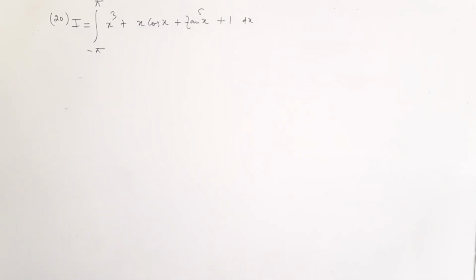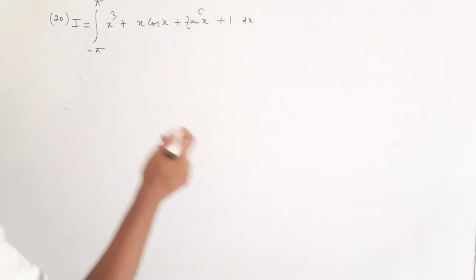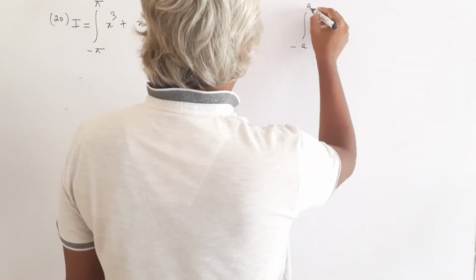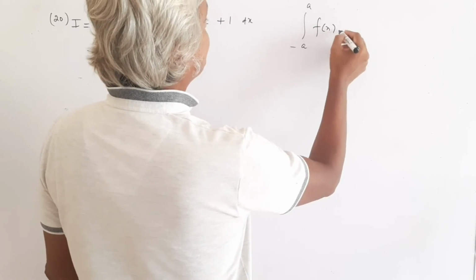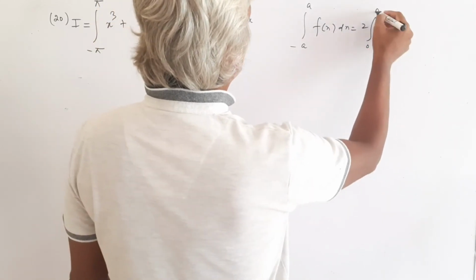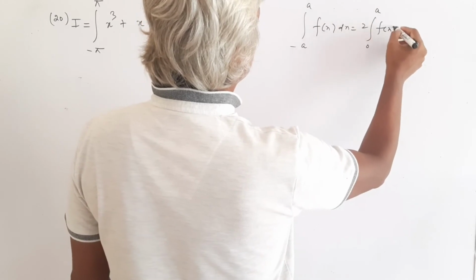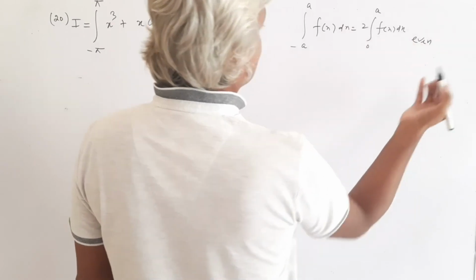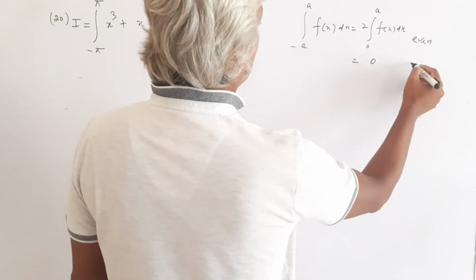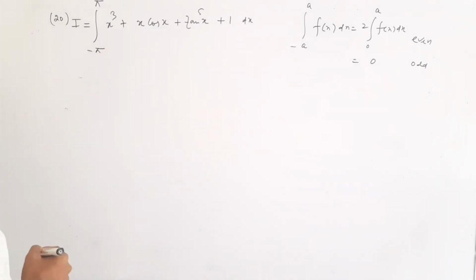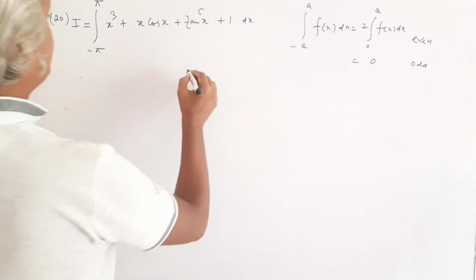Now this limit suggests that we only have this property to implement, that is integral minus a to a f(x) dx is 2 times integral 0 to a f(x) dx if f(x) is an even function, and 0 if it is odd. So we have many functions, check one by one which one is odd and which one is even.